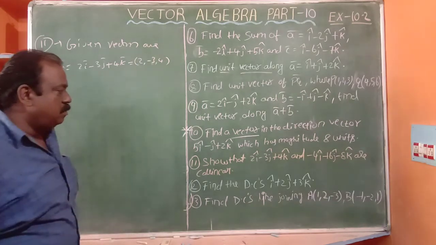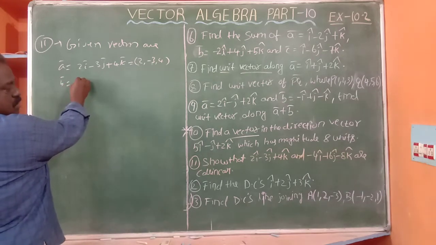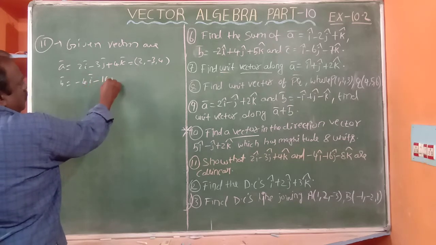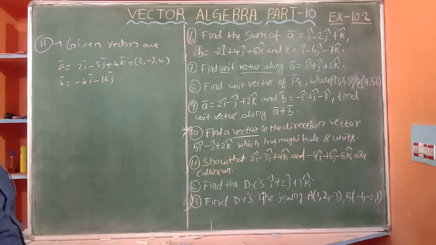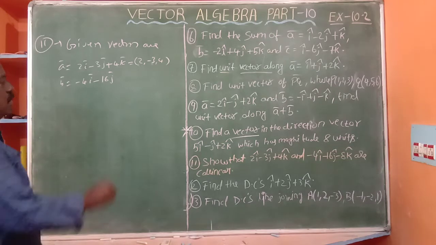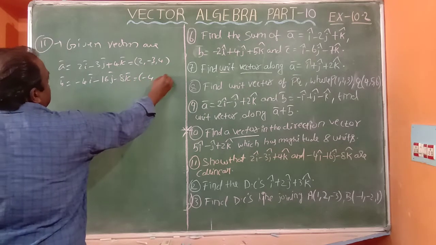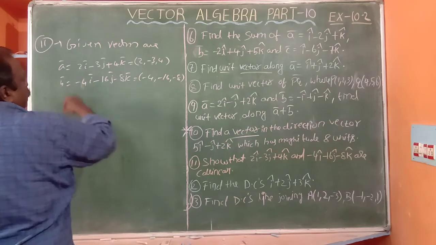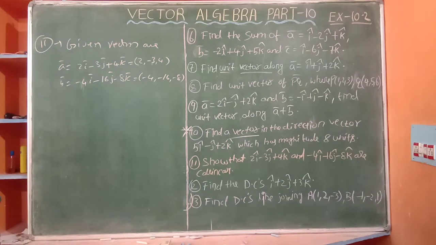And B bar is minus 4i minus 16j minus 8k. It is minus 4, minus 16, minus 8.